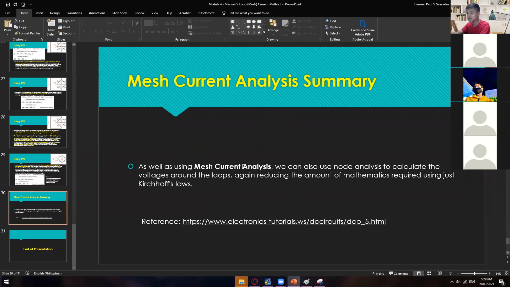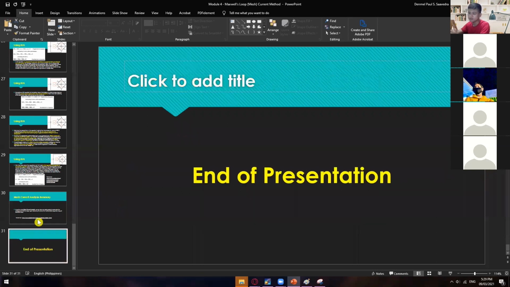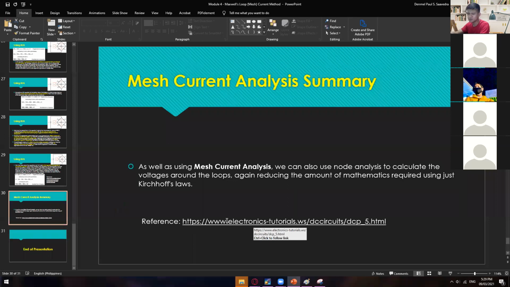As well as using mesh current analysis, we can also use node analysis to calculate the voltages around the loops, again reducing the amount of mathematics required using just Kirchhoff's laws. There is another reference you can also check which also discusses mesh current analysis. This one is electronic tutorials, so make sure to check this one also.